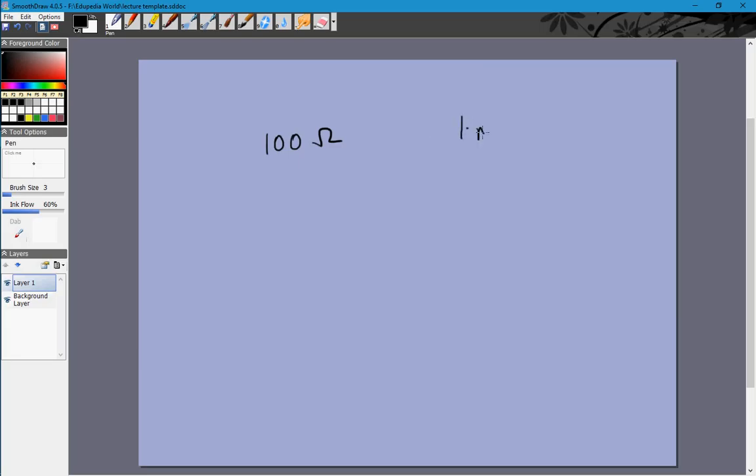This is 100 ohm, let's take it to be capital R, and this is a small r, and we are sending current here. What we want is to be able to measure a maximum current of 10 ampere, but this can only measure a maximum current of 1 milliampere. So there's a simple solution. We attach a shunt such that most of the current goes to this shunt and only 1 milliampere goes here. So when you have 10 ampere going in, you should have 1 milliampere going through the meter.